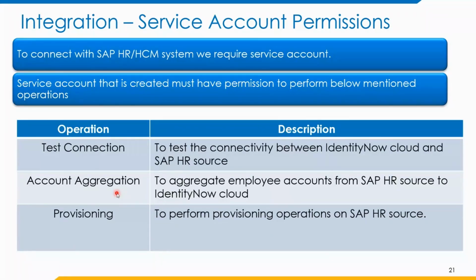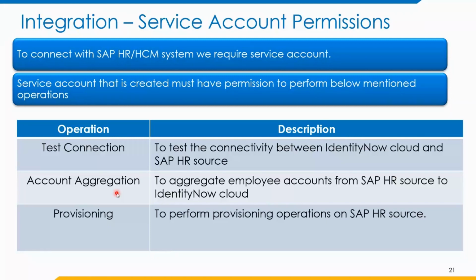As I've discussed, there are some supported features from SailPoint: aggregation, provisioning, and delta aggregation. Prior to aggregation, we need to test the connection, that is, whether SailPoint IdentityNow is able to communicate with the target system or not. That is the permission required for the test connection.